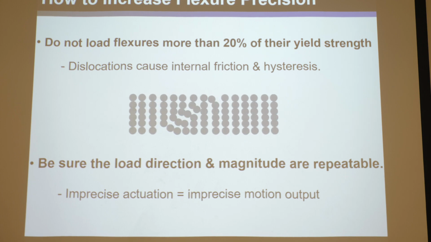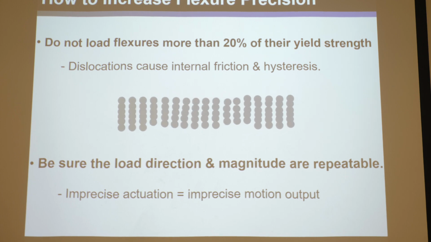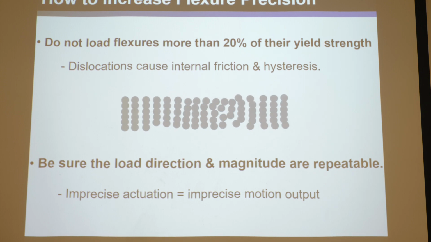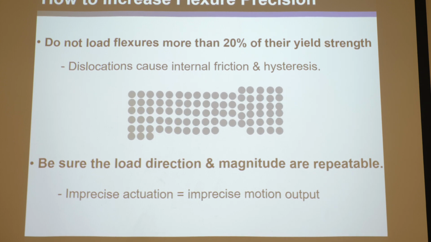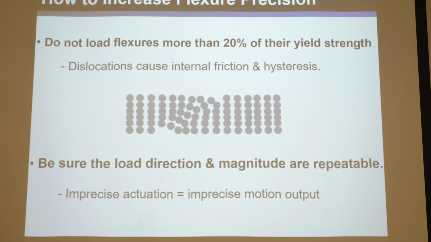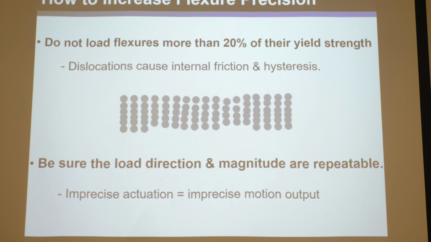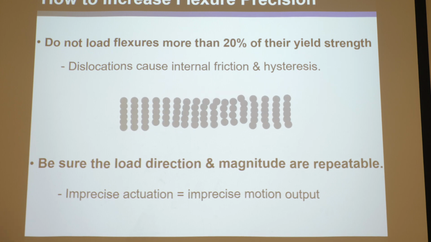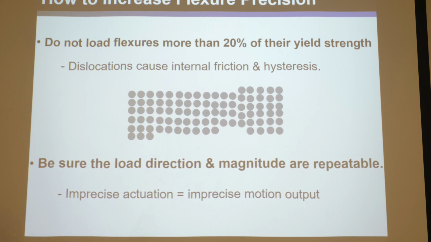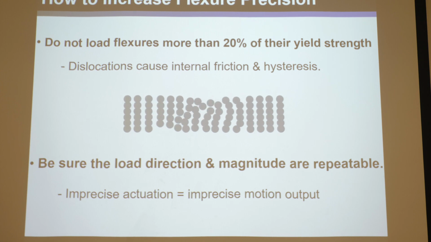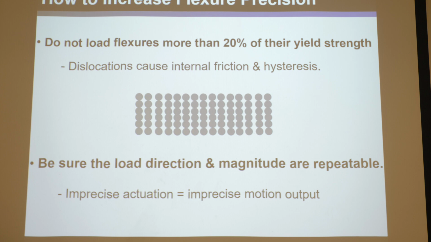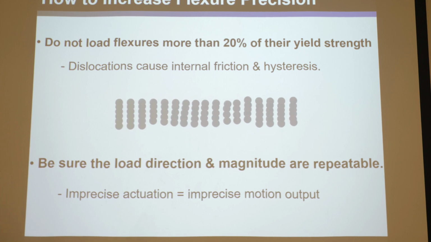Okay, so, the other way, don't yield, if you want super high precision, don't allow things to go above 20% yield strength, okay? The other thing you can do is be sure your load direction and magnitude are repeatable, right? It would really stink if you designed your flexures to be super repeatable and amazing to get picometer resolution, but then you use a lead screw actuator, which generates a bunch of friction as the lead screw rotates in its bearing.